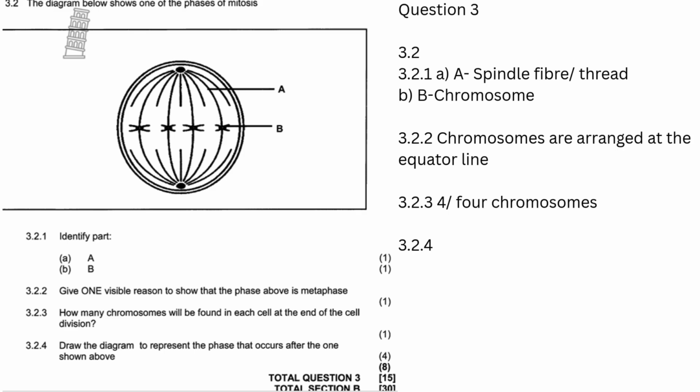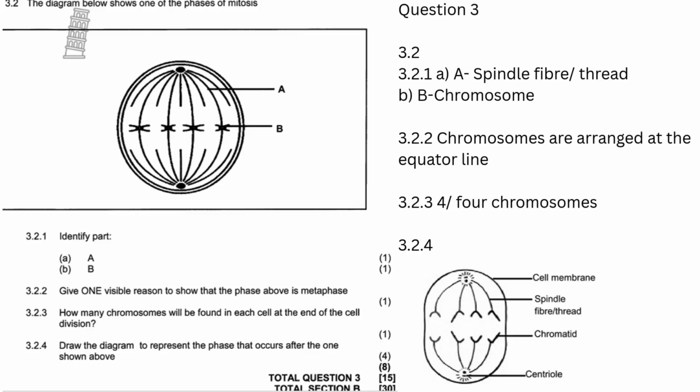3.2.4. Draw the diagram to represent the phase that occurs after the one shown above, for 4 marks. So the phase that you will draw is Anaphase. Okay? The phase after metaphase is Anaphase. Remember, A for Anaphase and A for away.